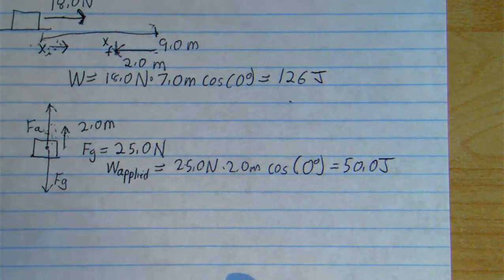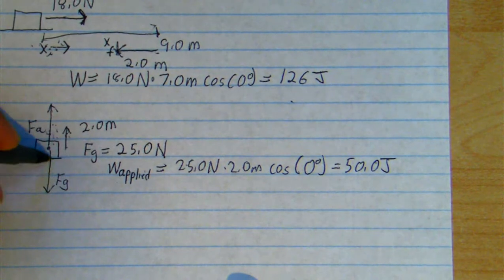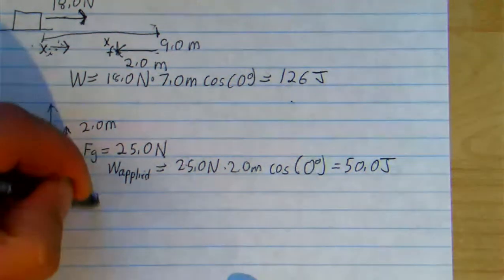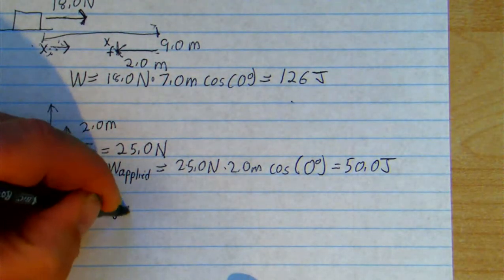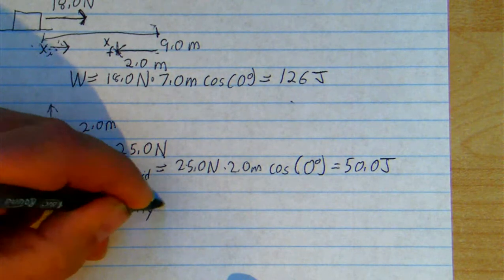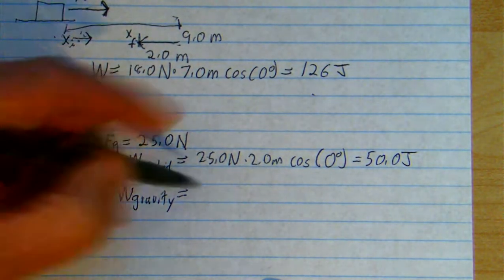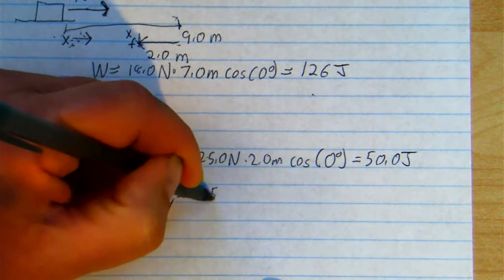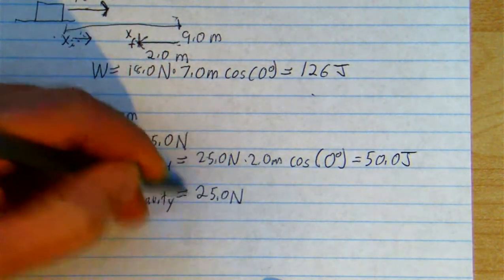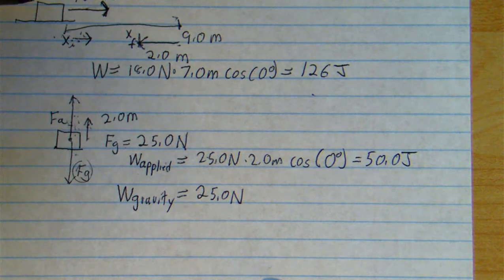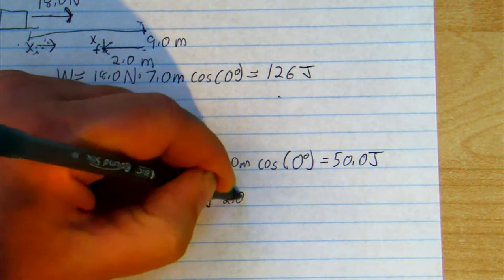As a separate physics question, how much work is done by gravity in this same problem? Well, the weight of this object was 25 newtons. And that's pointing downwards. So its magnitude is 25 newtons. The magnitude of its displacement is, again, 2 meters.